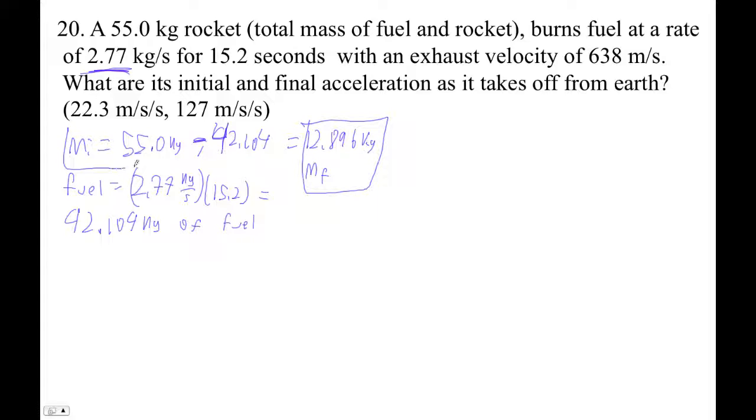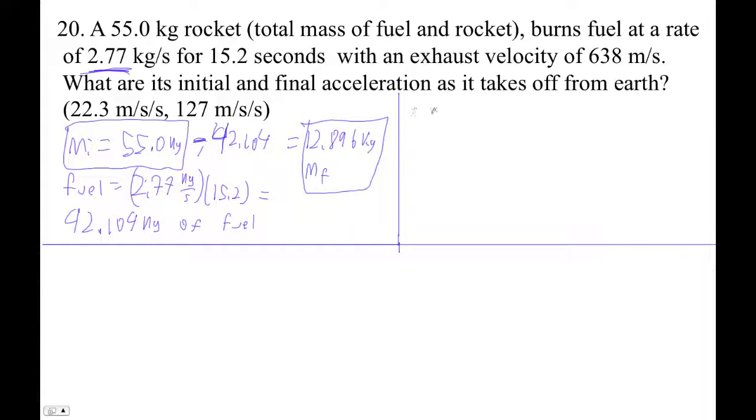Here's my initial mass. So I had to figure out the amount of fuel that was burned, 2.77 times 15.2, figure out that it was that much fuel, right? Then I had to go that minus this to get the final mass, right? So that was harder, but actually finding what the thrust of it is is actually a little bit easier. Let me show you that.